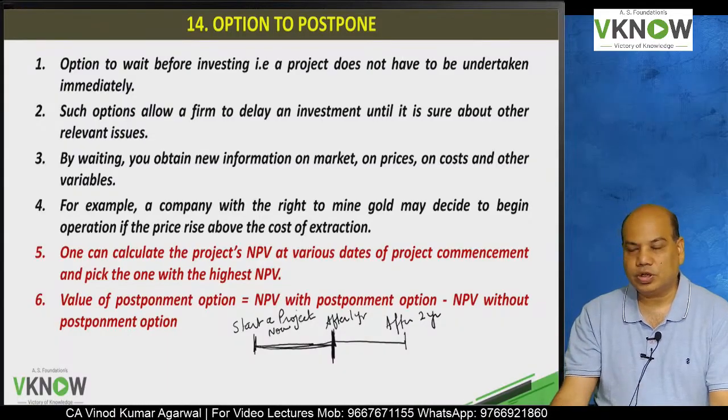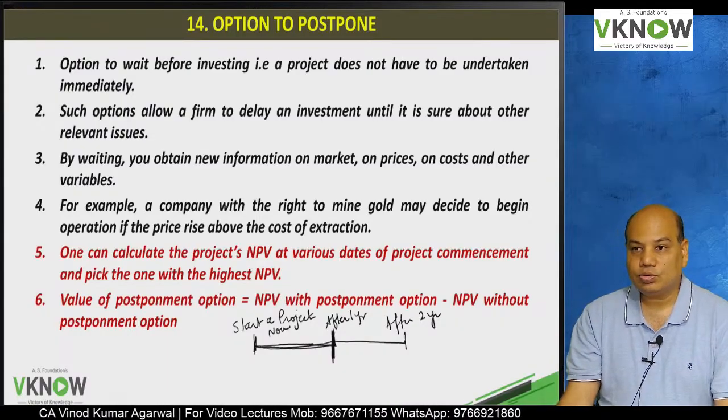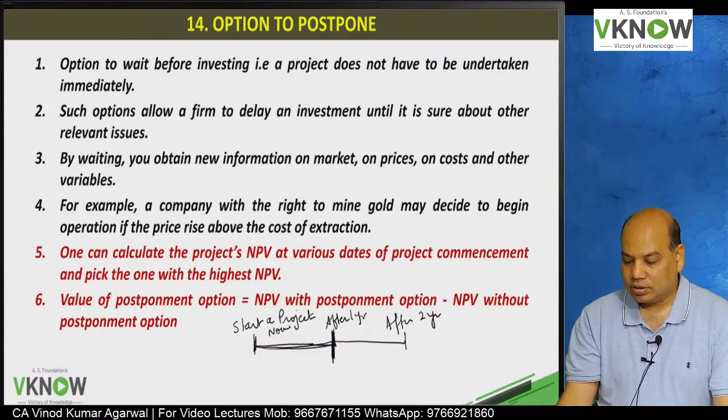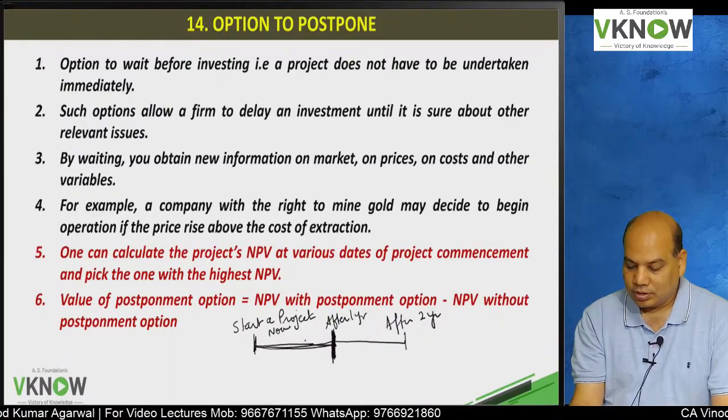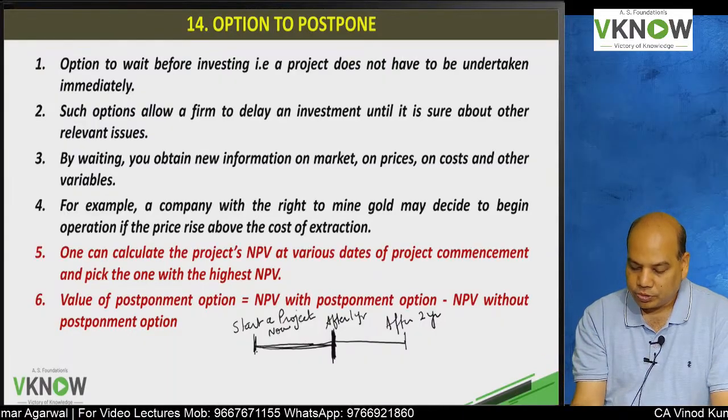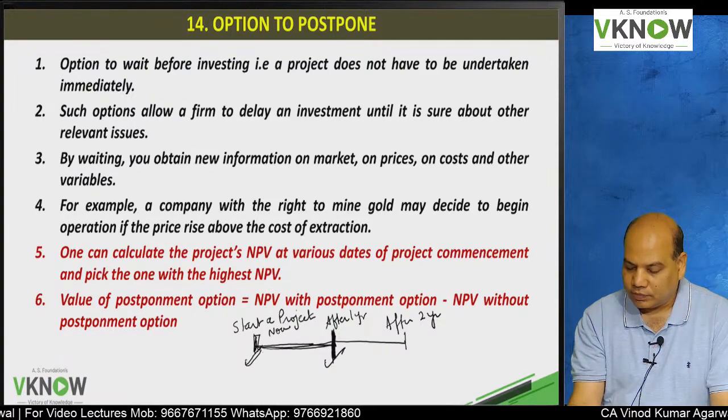The nature of the project should be such that you are able to delay it. If the option to postpone is there, then we have to find out when we should start the project: now, after 1 year, or after 2 years, and like this.